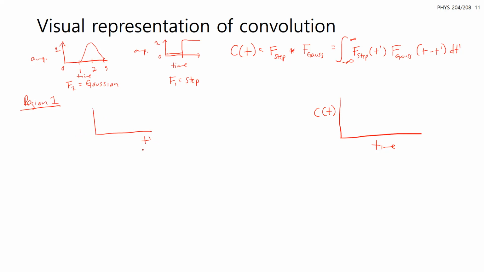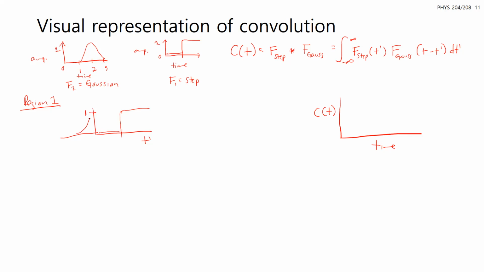So we're going to look at t prime here. We're going to have our amplitude of 1 here, and our step function, this f1, stays fixed in this t prime variable. So there's our step function.